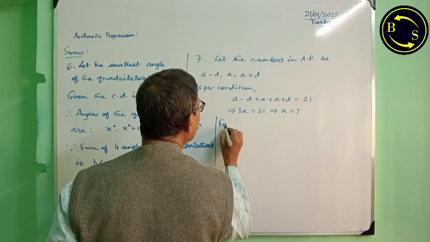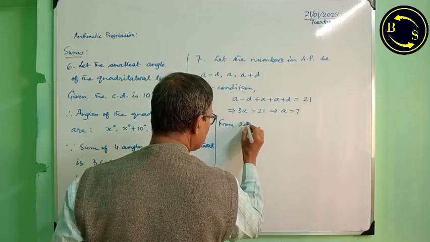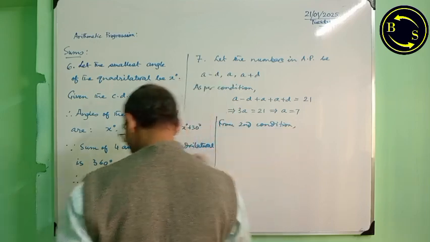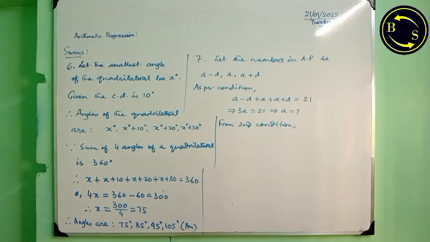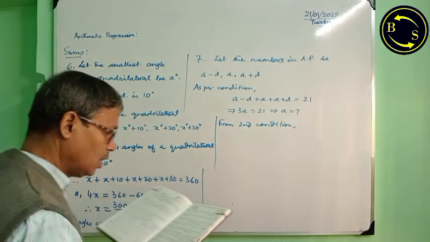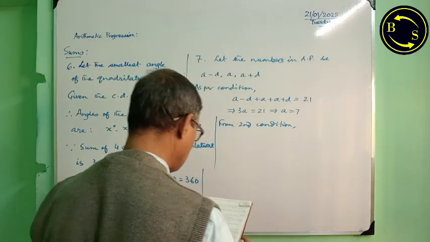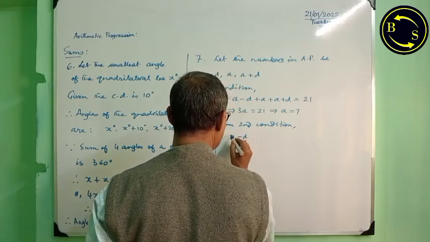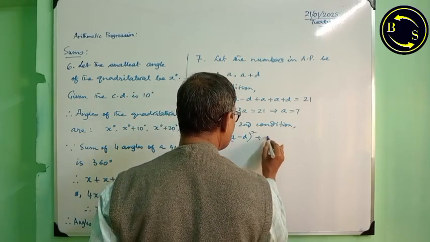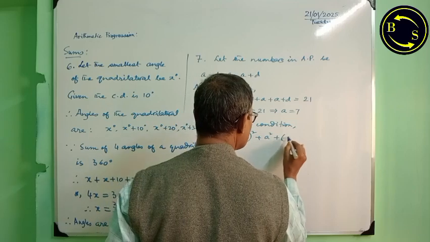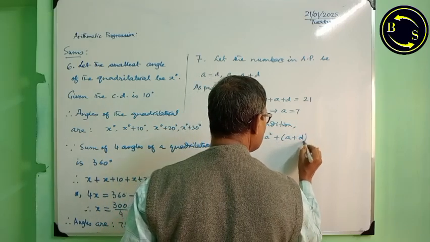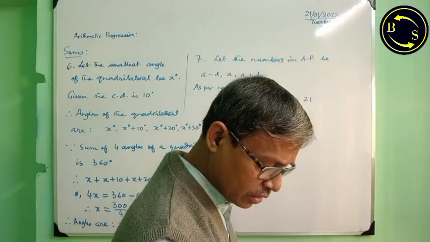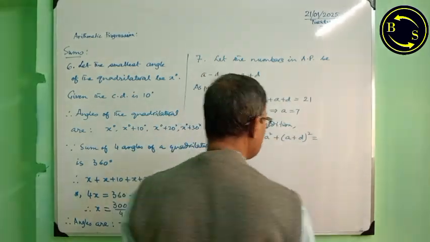From second condition, sum of squares of these numbers: a minus d whole square plus a square plus a plus d whole square is equal to sum of the squares is 165.